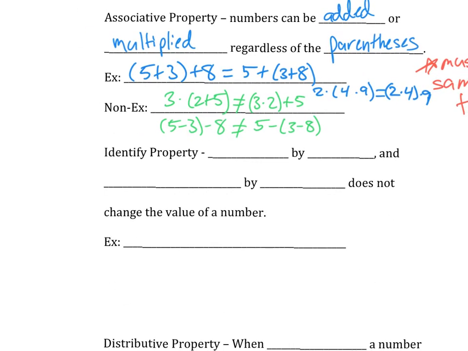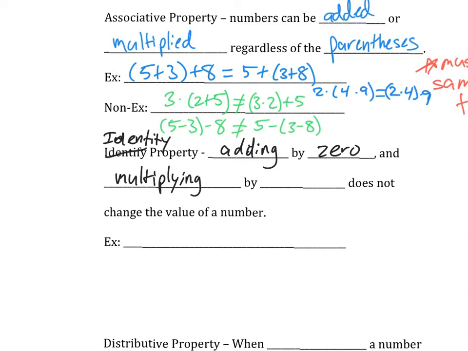All right, then this next one we're going to look at is the identity property. It's actually the identity property. Okay? And that says that adding by 0 and multiplying by 1 does not change the value of a number.